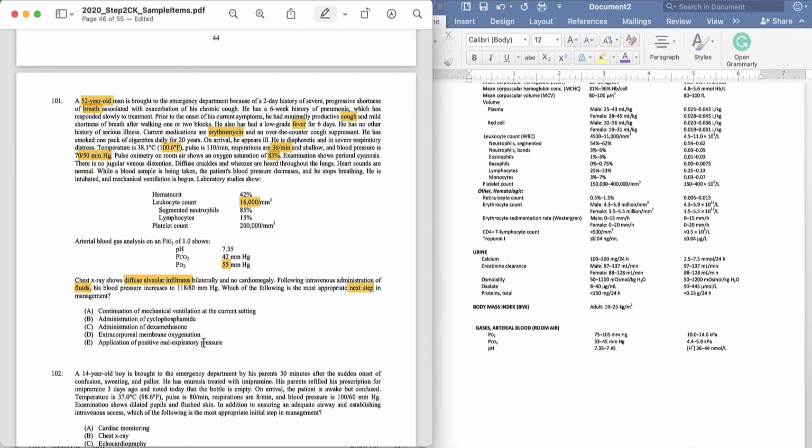For this, I think we're probably going to be messing around with the settings because his O2 is low. This is a more urgent issue. You can probably give dexamethasone at some point, but the more urgent issue right now is fixing his O2 stats and then also fixing this. So this is going to lead you to this answer right here.